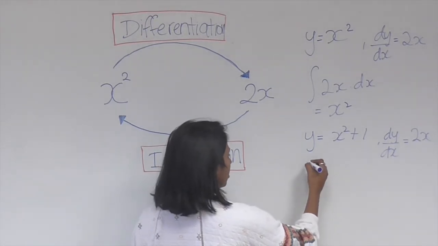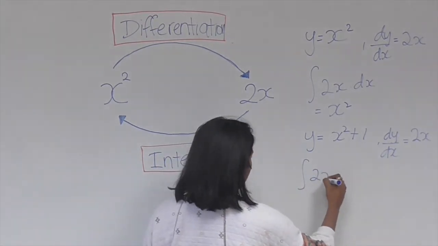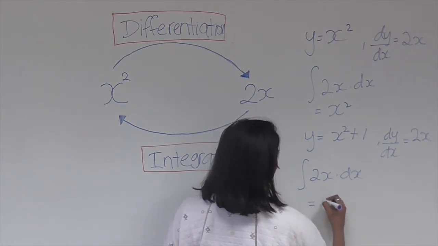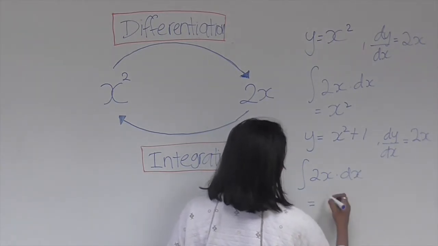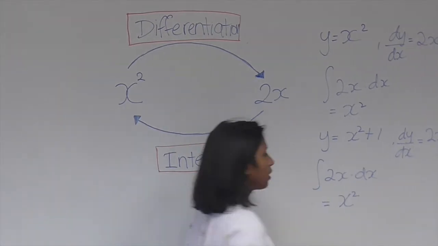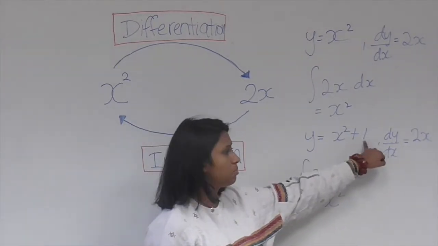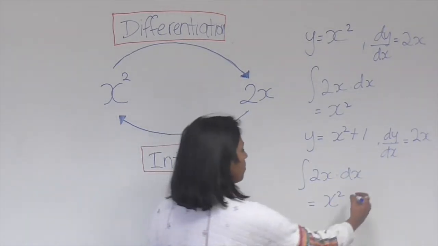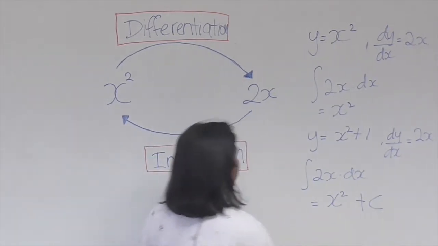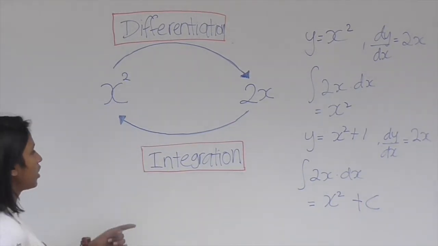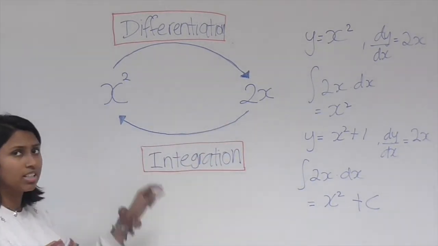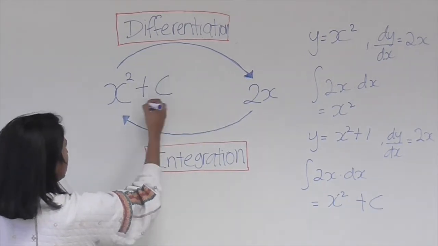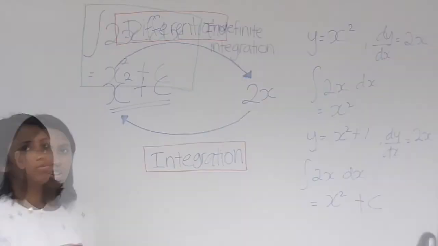And our integral of 2x is still going to be x squared. But we know that we have lost an original part of the function, so to get it back to x squared plus 1, we have to add a constant. So always remember when you're integrating an indefinite integral, you have to add a constant, which is very important.